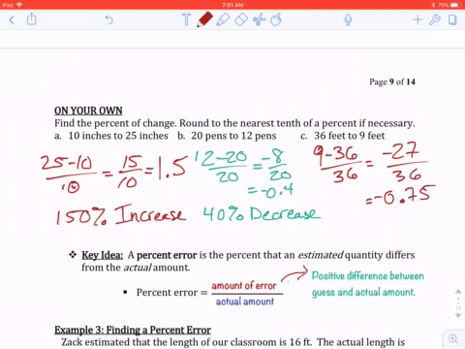And the last one, again, it's another negative value, so once I change it, I know it's a 75% decrease.